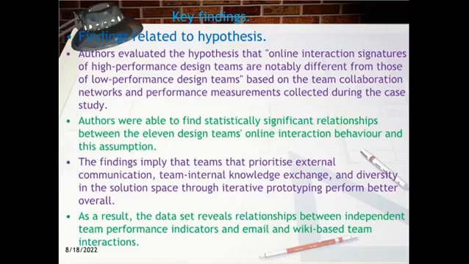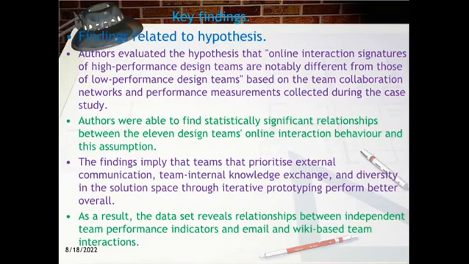Key findings. Findings related to hypothesis. Authors evaluated the hypothesis that online interaction signatures of high-performance design teams are notably different from those of low-performance design teams, based on the team collaboration networks and performance measurements collected during the case study.